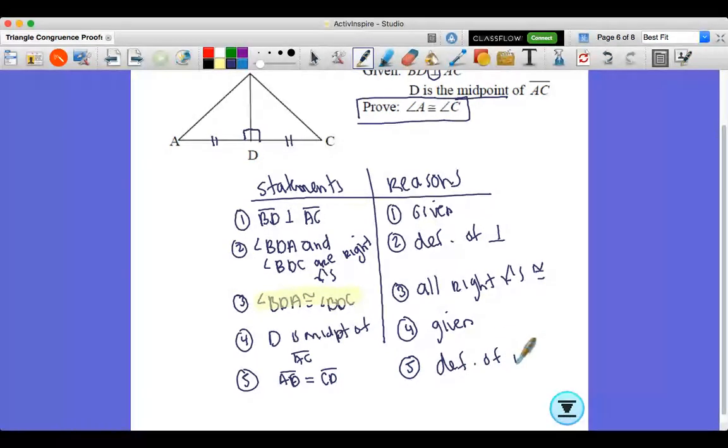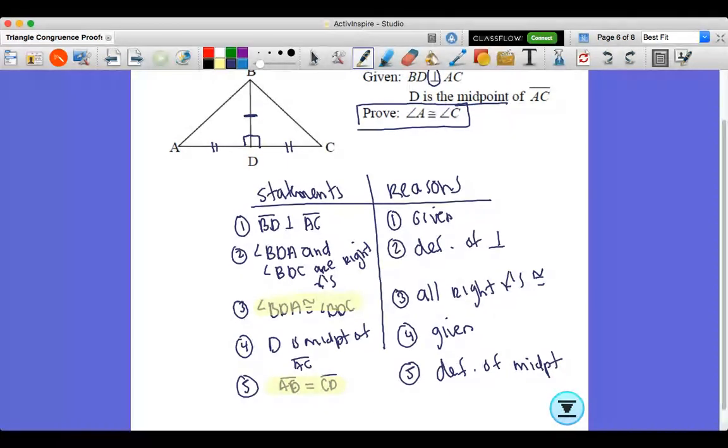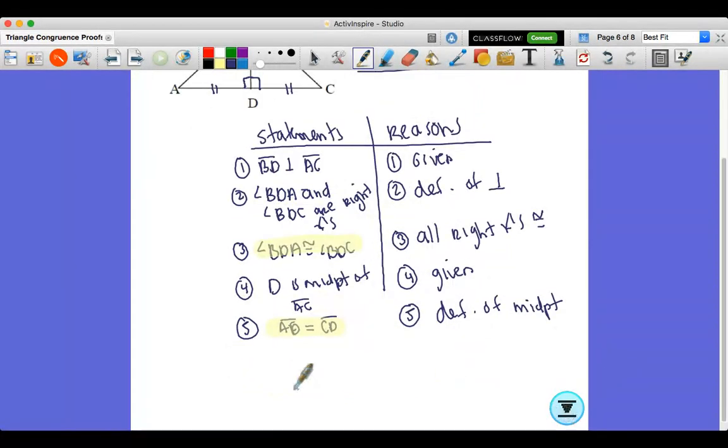Definition of midpoint. Here's another thing. So I've got two things. Is there a third that we haven't even spoken about yet? Anyone thinking about this? The side that they share, right? Can't I say BD is congruent to BD? What's that called? Reflexive.